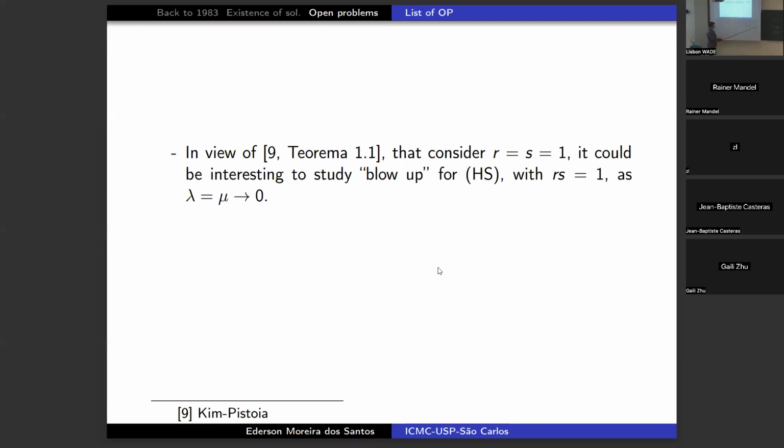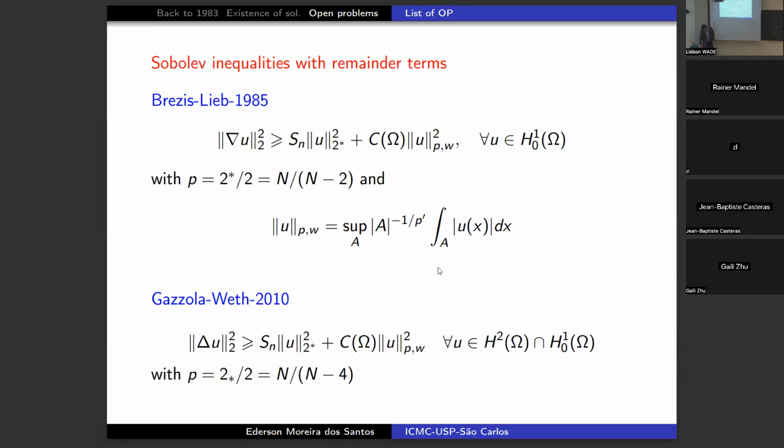The problem is critical, they have a linear perturbation in both equations, and they investigate the blow-up when lambda equals mu goes to 0. So it would be very natural to consider the same kind of problem, but with r times s equal to 1. This could be something to be done.